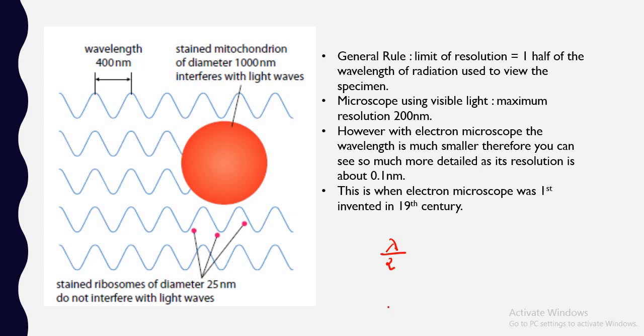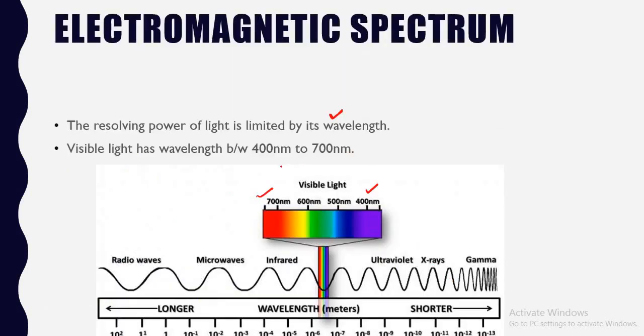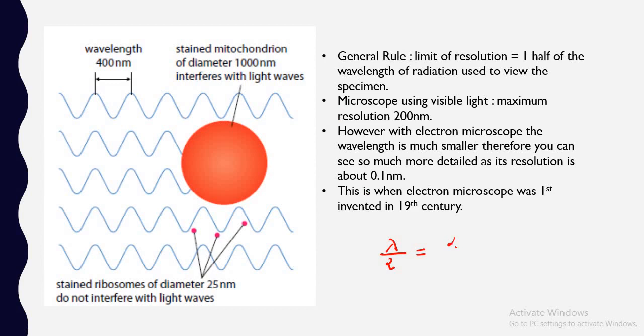So for microscopes using visible light, as you have noticed over here, it is somewhere 400 to 700 nanometer. If you divide 400 by 2, that will lead you to 200 nanometer. This is the limit of resolution.